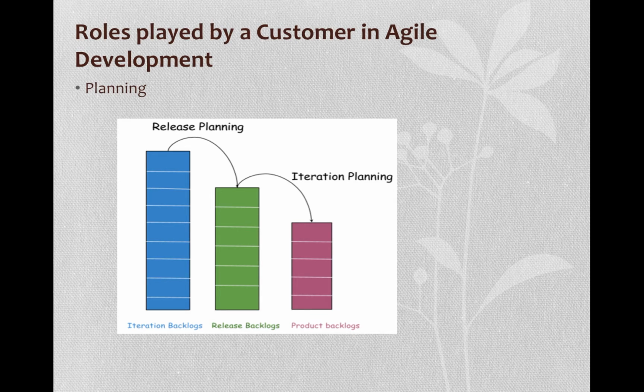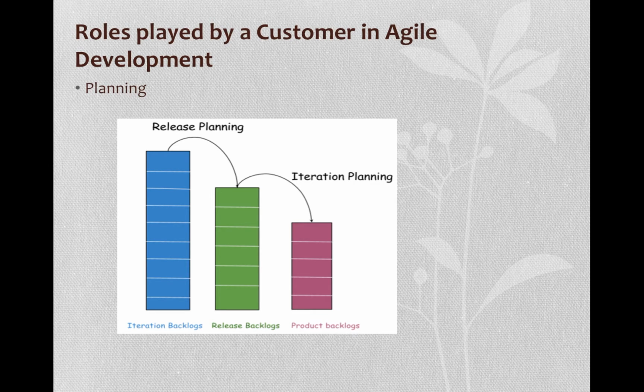These iterations or the development cycles are fixed with a shorter number of days, hence they can deliver working products as soon as possible. The customer is involved in the release plan. He gives some suggestions to the development team, and he decides how the release plan should look, or when it should be released.